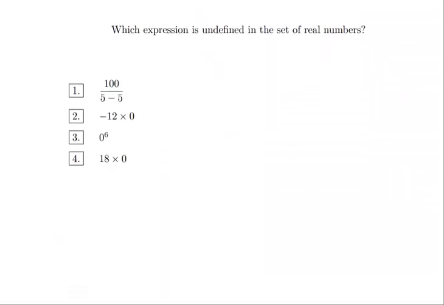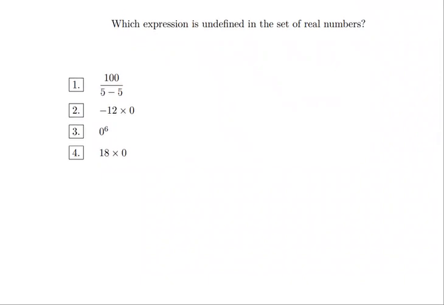Okay, let's try another problem. Which expression is undefined in the set of real numbers? Well, for this one, we can tell that this here is defined. So -12 times 0 is just 0. So that's defined. 0 raised to the power 6 is defined because we're not dividing by 0 or finding the square root of a negative number.